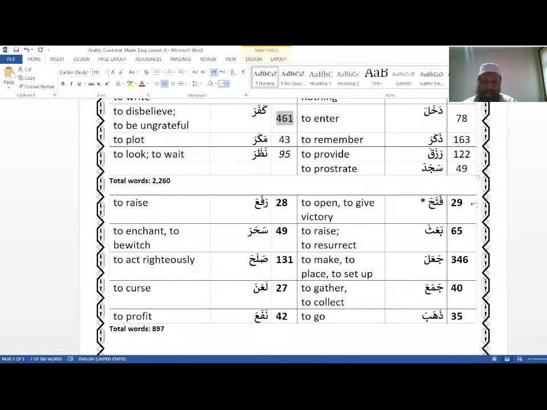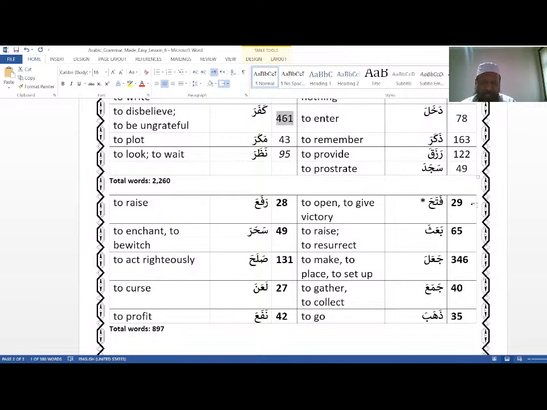Next, Jama'a, to gather or to collect. Dhahaba, again another famous verb, to go, 35 times. Rafa'a, to raise. Sahara, to enchant or to bewitch. Sahara also gives us a meaning of influence, to make influence.